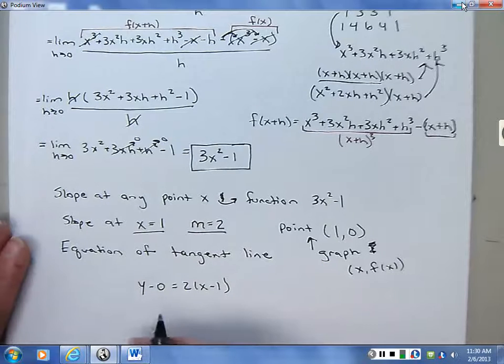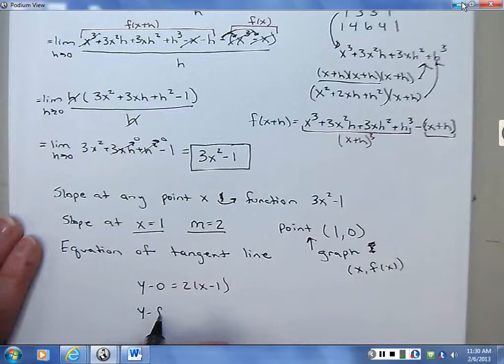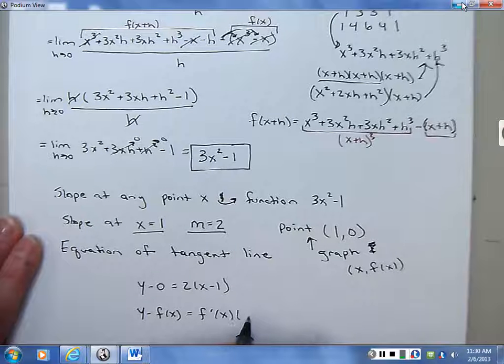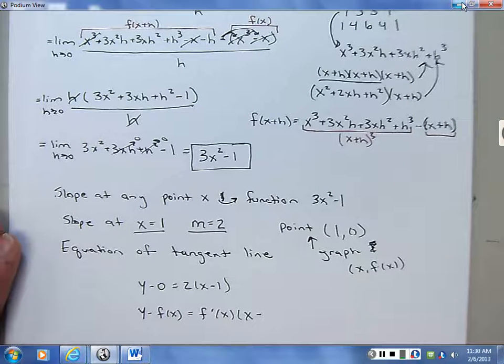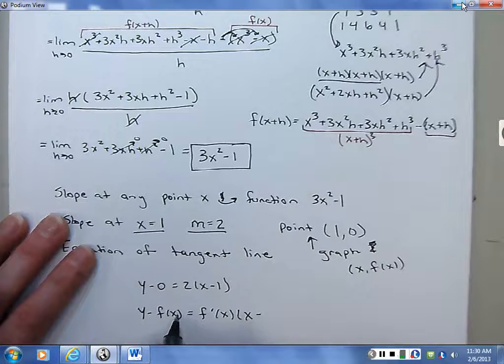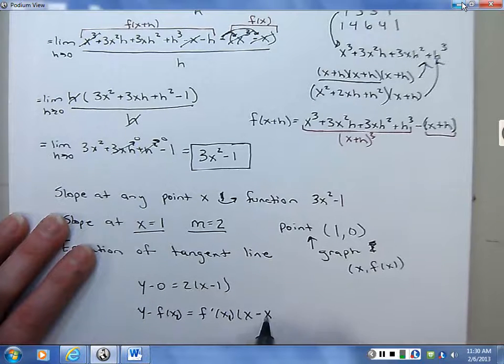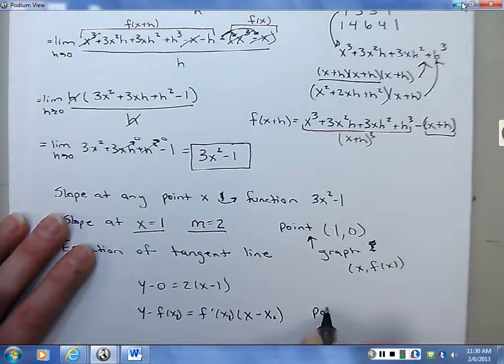You can also write this as y minus f of x1 equals f prime of x1 times x minus x1, for the point x1 comma f of x1.